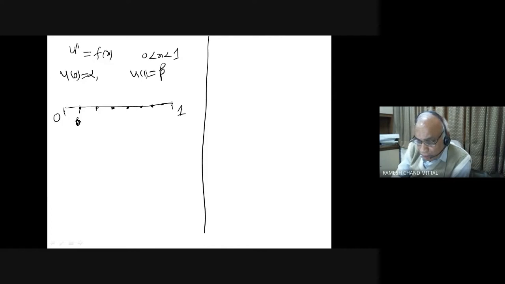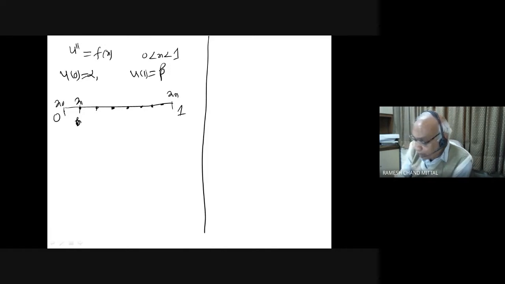The value of u at 0 and the value of u at 1 has to be interpolated by RBF, and then that RBF is to be approximated in the interior for the double derivative, and I have to give the solution. So this is my x0 point, this is my x1 point, this is my xn point.